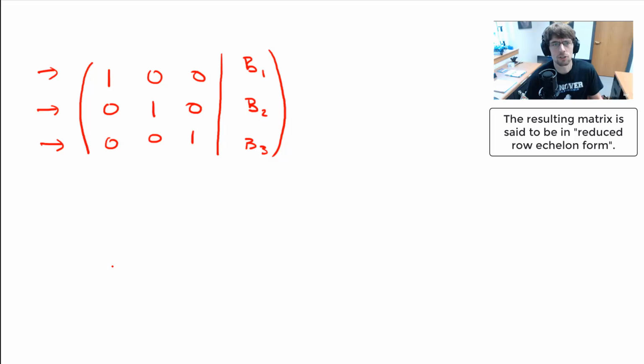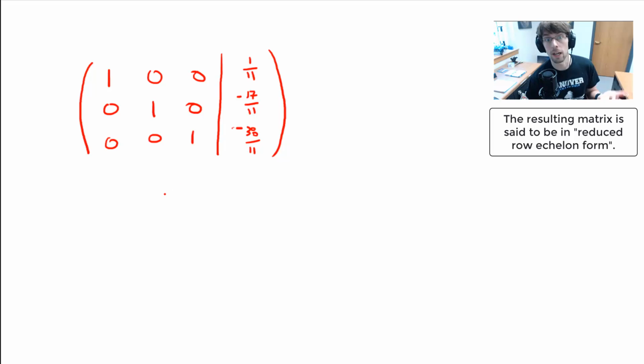You're done. Actually, I'm sorry. We know what B1, B2, and B3 should be. I should have put those in. You would have just ended up with 38 over 11, negative 17 over 11, and 1 over 11. So you could perform row operations to zero out above the diagonal. And then at the end of the day, when you have your final answer, you don't have to do any back substitution. Okay. So that's something to keep in mind if you want.